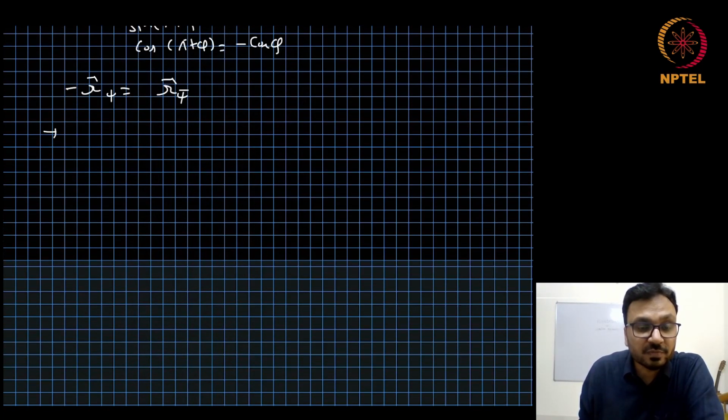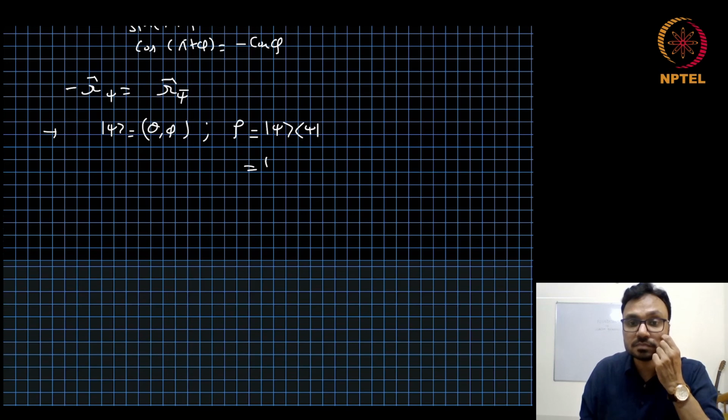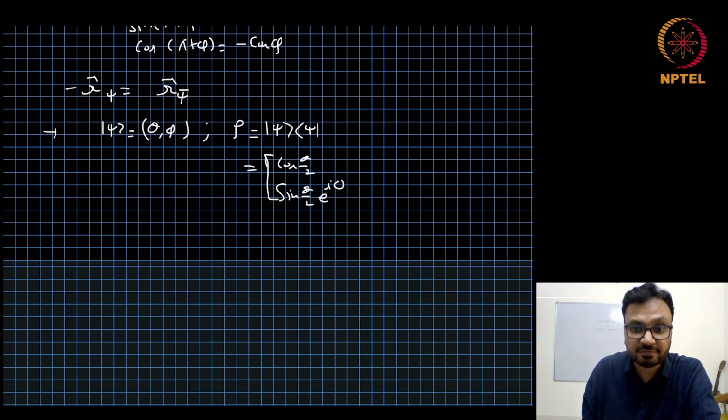So if we have state psi, represented by theta and phi, we can calculate the density matrix corresponding to the pure state psi. That will be cos of theta over 2, sine of theta over 2 exponential of i phi, and its dagger, cos of theta over 2, sine of theta over 2 exponential of minus i phi.